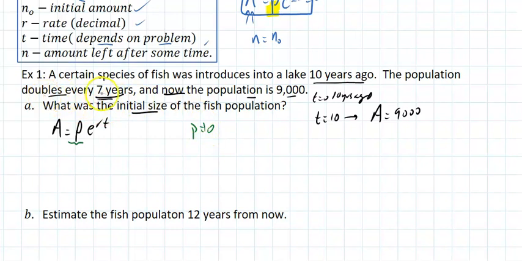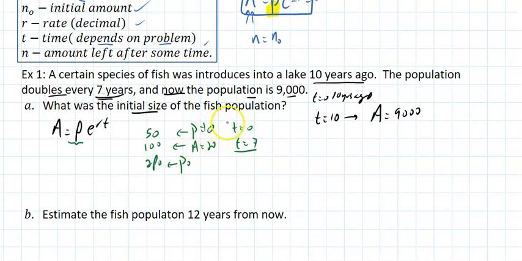When it says it doubles every 7 years, in 7-year time, that's going to become 20. If the initial amount was 50, in 7 years, that's going to become 100. If the initial amount was P sub 0, in 10 years, it's going to be 2 times that.